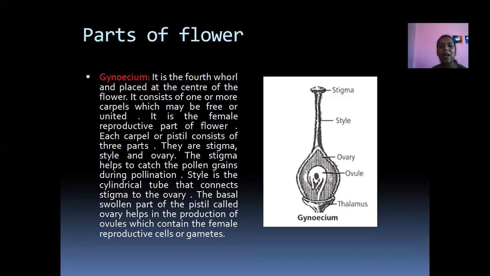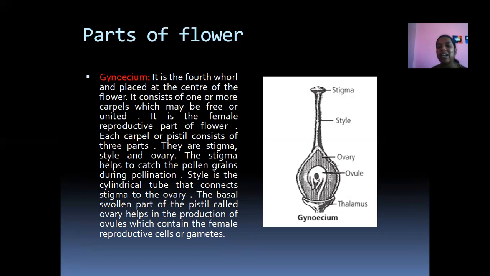The stigma helps to catch the pollen grains during pollination. You know, the pollen grains are produced in the anther, and the stigma helps to catch those pollen grains during pollination. Style is the cylindrical tube that connects stigma to the ovary. The basal swollen part of the pistil is called the ovary, which contains the ovules, which contain the female reproductive cells or gametes.